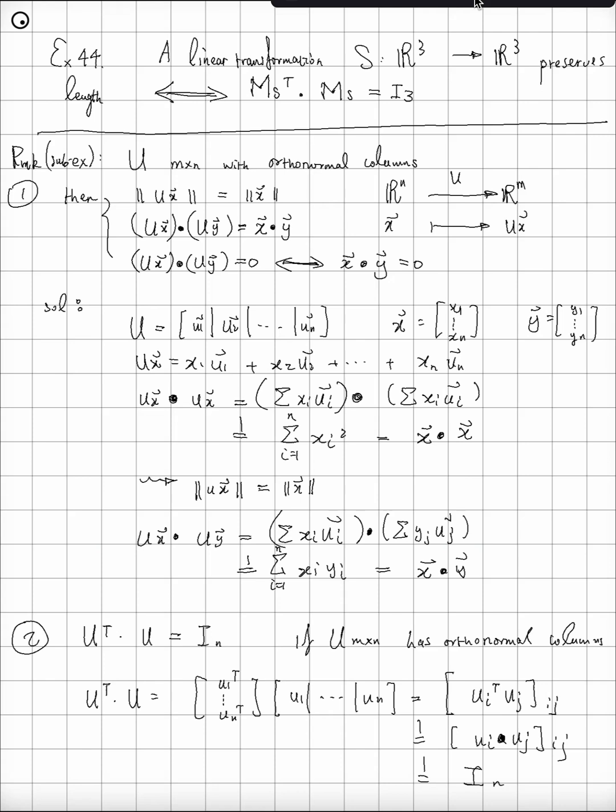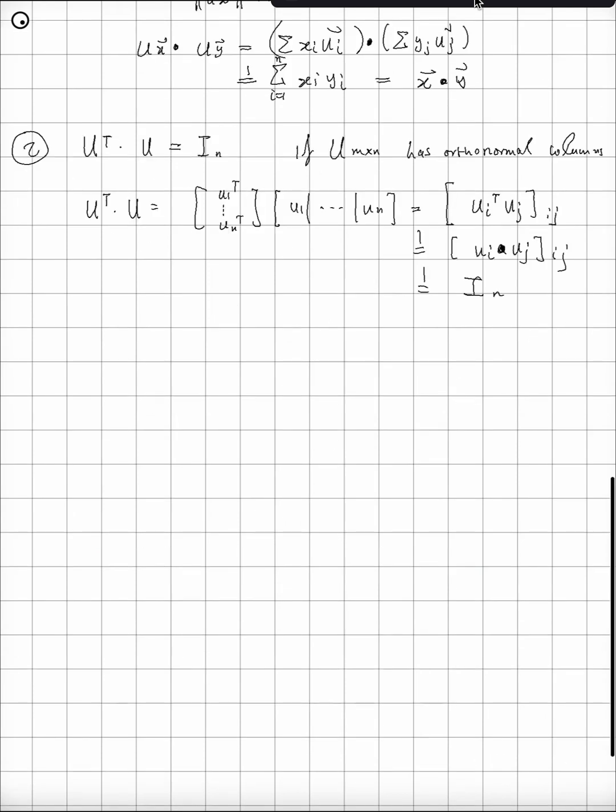What do we know? And this exercise is kind of telling us a generalization of this and gives you the full result. So the first thing, to fit our remark or sub-exercise into this, is we observe that this description is equivalent to saying U has orthonormal columns.